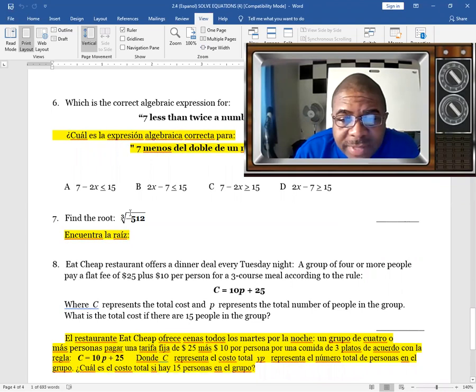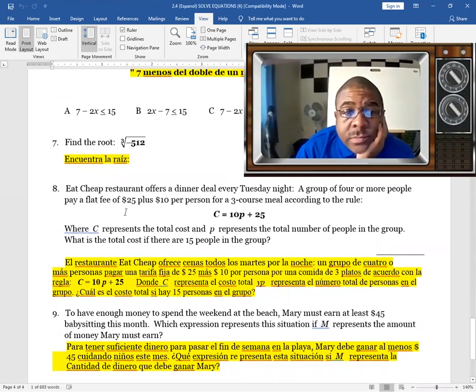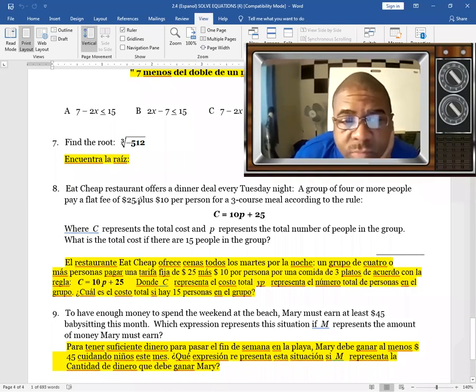Find the cube root, you just type that in using decimals. This one is a little more challenging. Eat Cheap restaurant offers a dinner meal every Tuesday night. A group of 4 or more people pay a flat fee of $25. Okay, so it's a flat fee. You have 4 or more people, you're definitely paying $25.